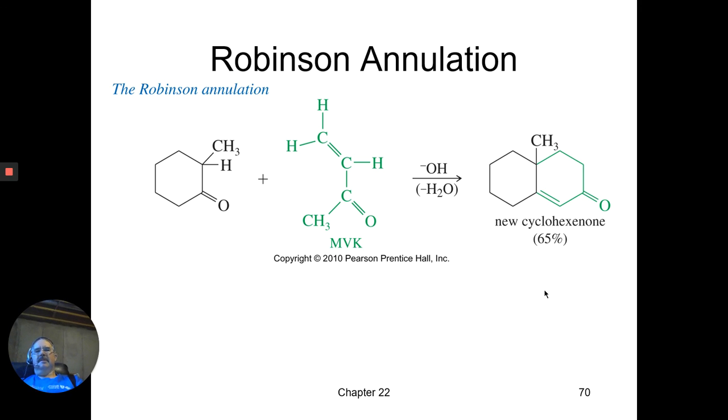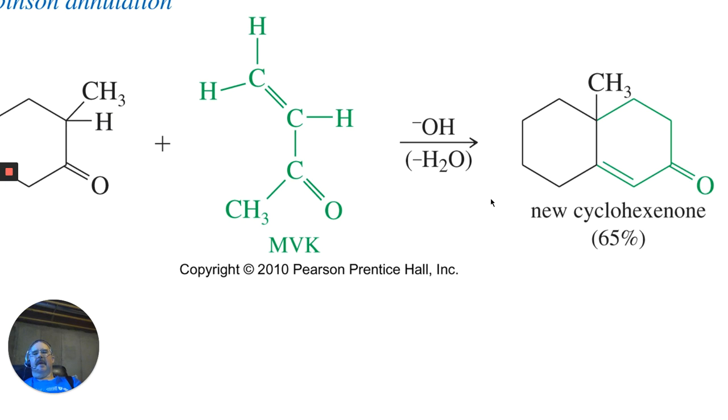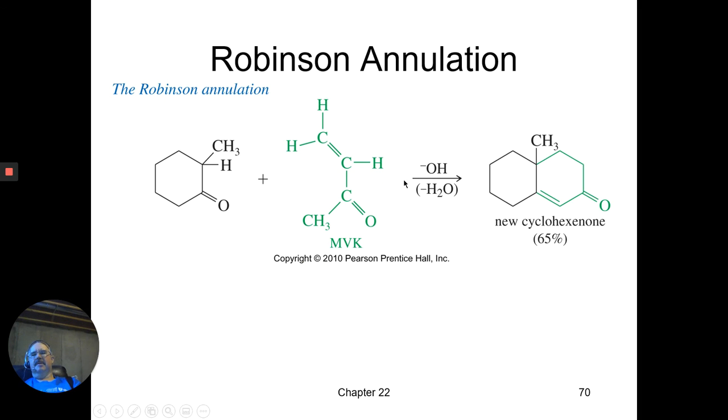Here, this is the Robinson annulation, named after a British chemist, Sir Robert Robinson. This is a combination of a Michael addition and an aldol cyclization dehydration.